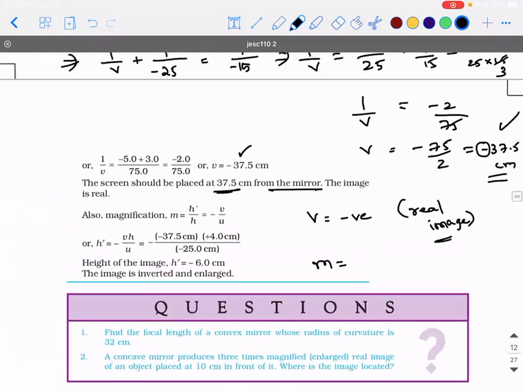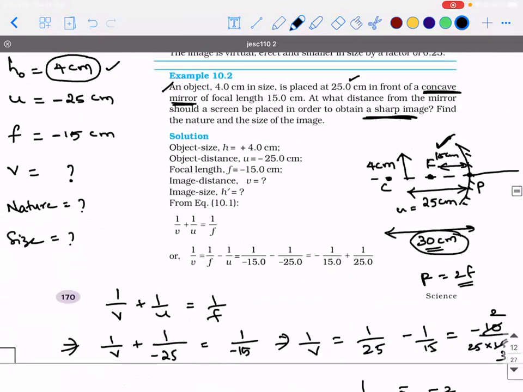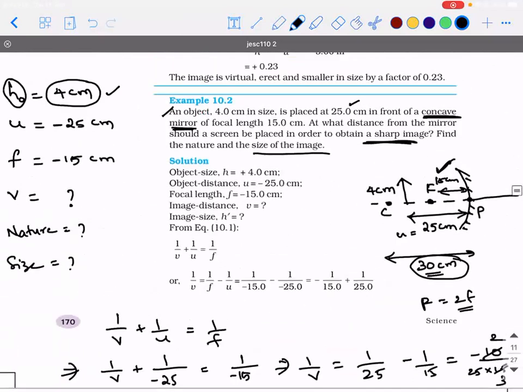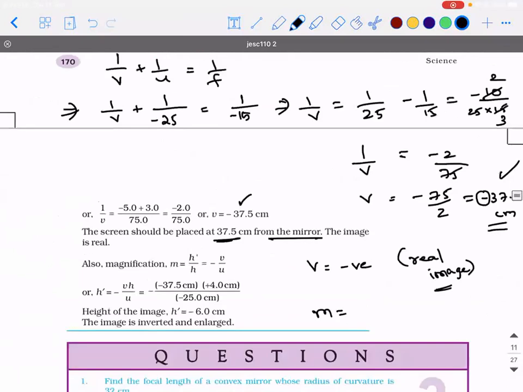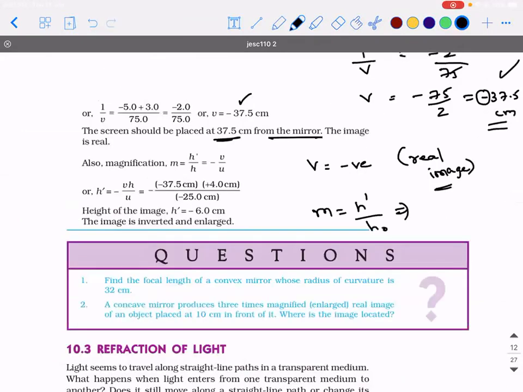They are asking what is the size of the image. They gave the size of the object. So the formula is m is equal to h dash divided by h naught. But we don't know the magnification also. h dash divided by h naught is also equal to minus v by u.